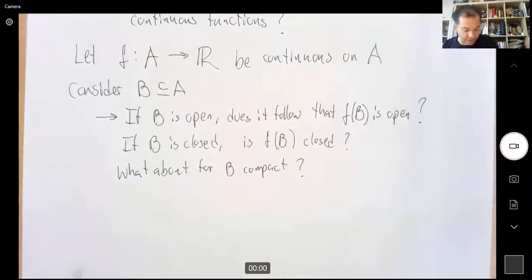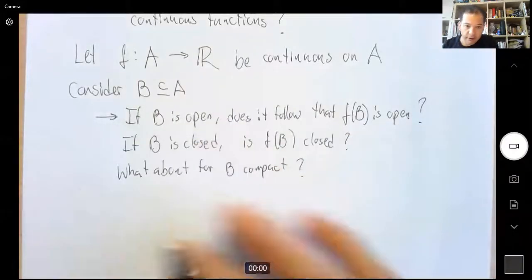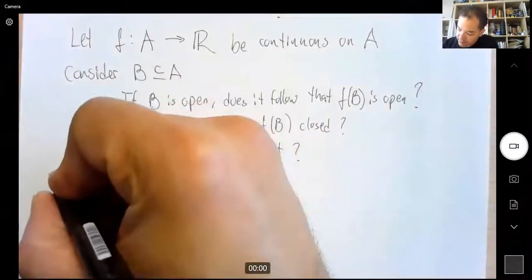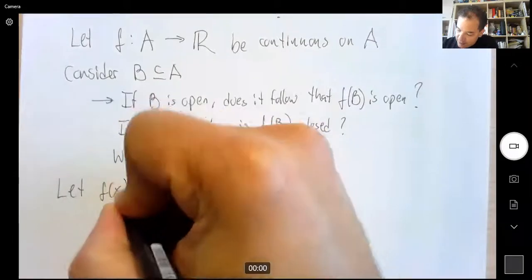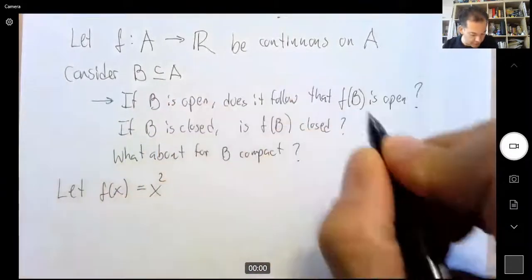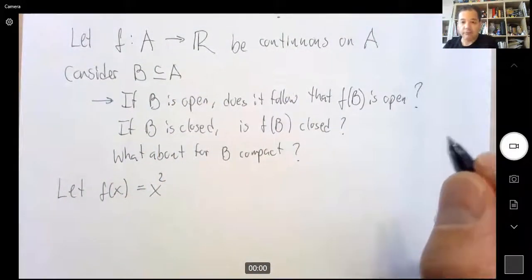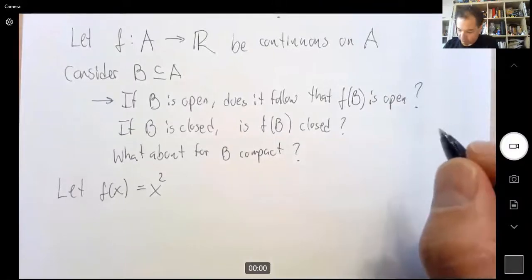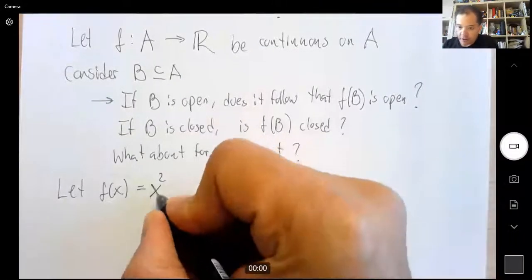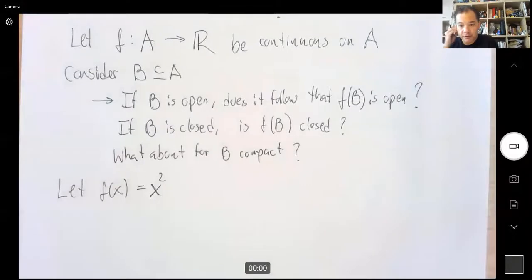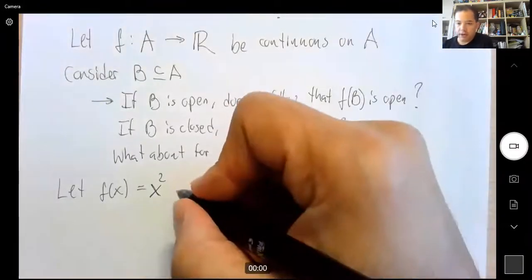I'll give you a specific function. I'm gonna pick an easy one, x squared. That's continuous, right? So think of some domain here. Yeah, Kimberly said no. So what would be an example? What B should we consider?